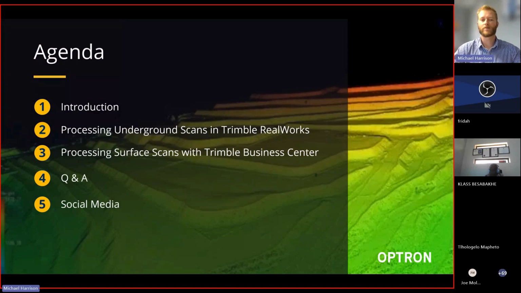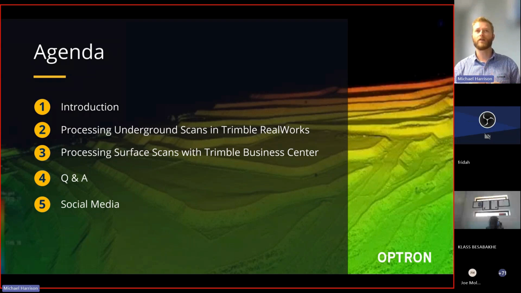So for the agenda today, I'm just going to give you a quick introduction. Then we're going to go onto the underground scans in RealWorks. It'll just be an overview, looking at a scan, what can you do in RealWorks once you have a scan done. It may be georeferenced or not. I'm not going to cover georeferencing in this webinar.